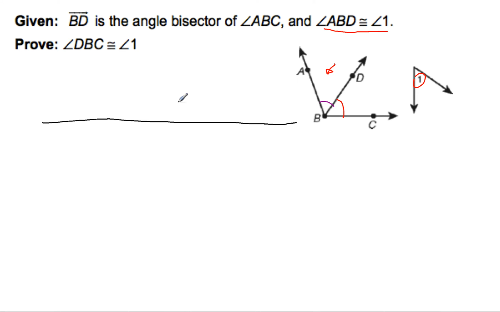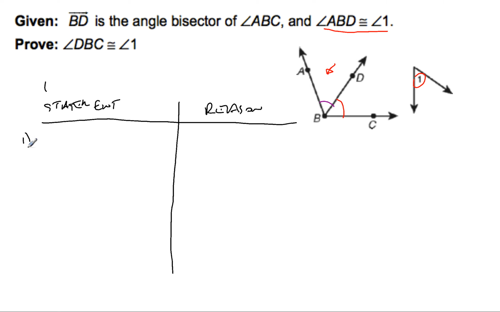So here's my T, and on the left side go my statements, and on the right side I have my reasons. My first statement is that BD is an angle bisector of ABC.